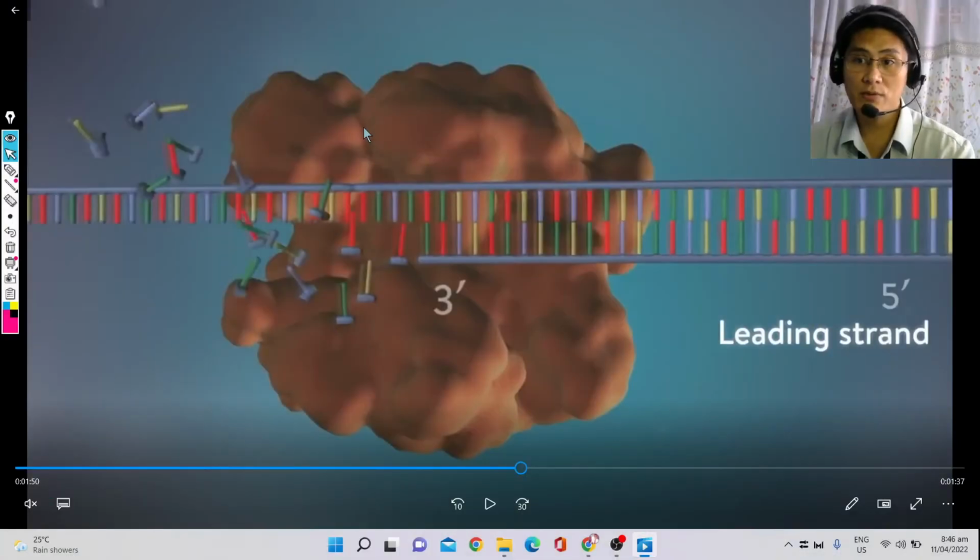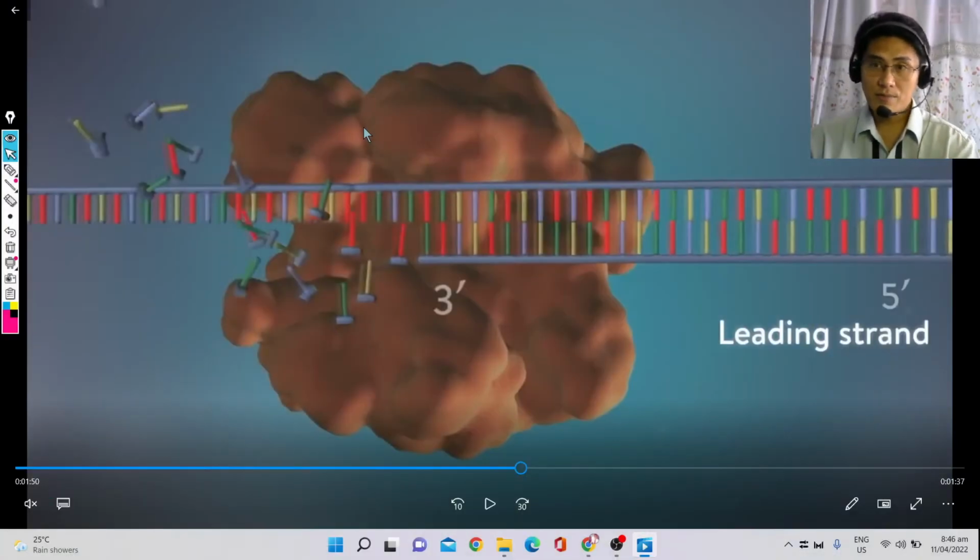So again, you have to remember that evolution is kind of small accidental changes. It just so happened that we have this machinery called DNA polymerase, and the DNA polymerase unfortunately cannot do 3 prime to 5 prime. So it has to circumvent the problem, right?